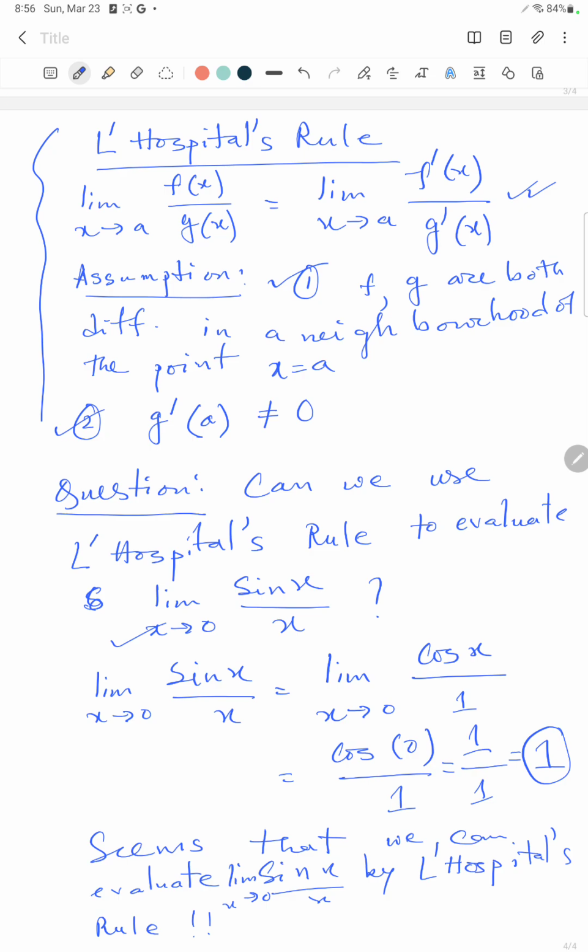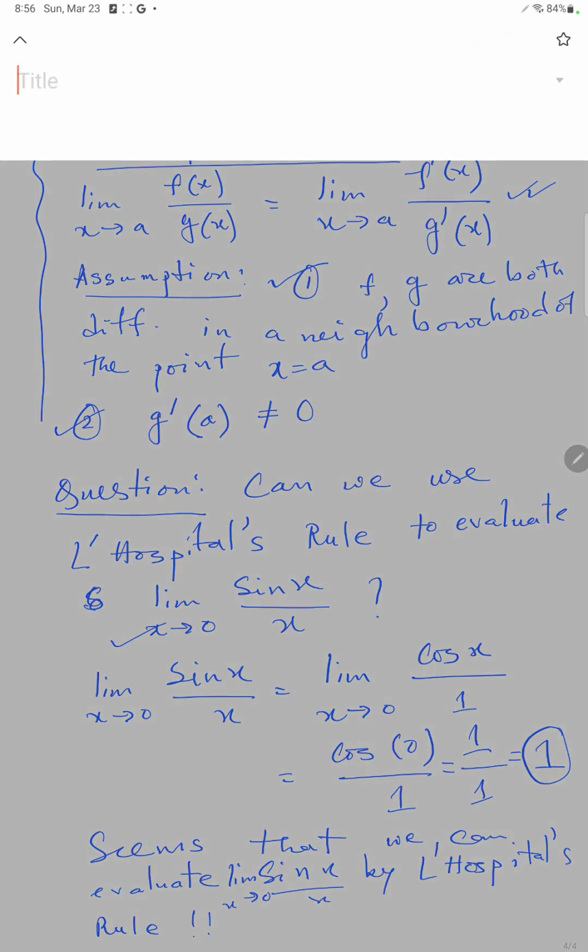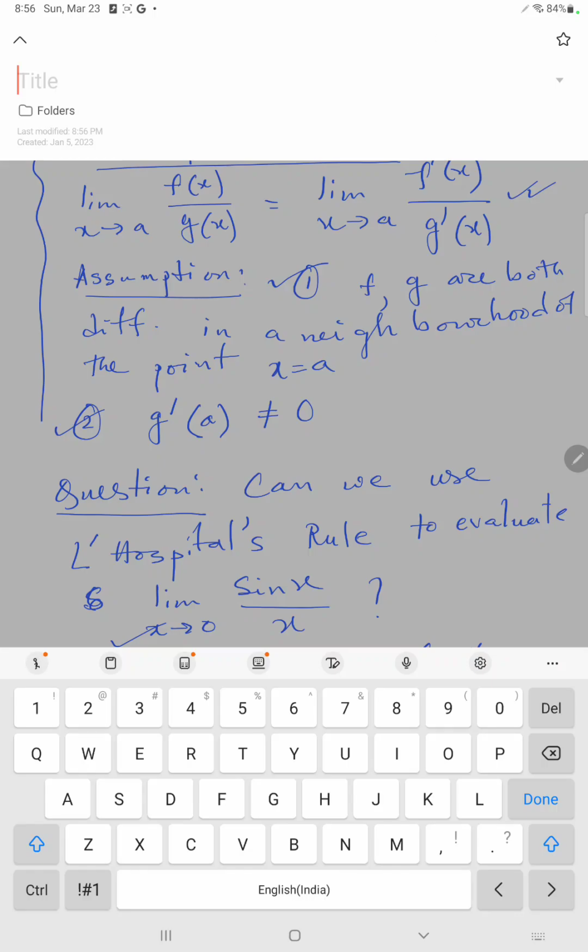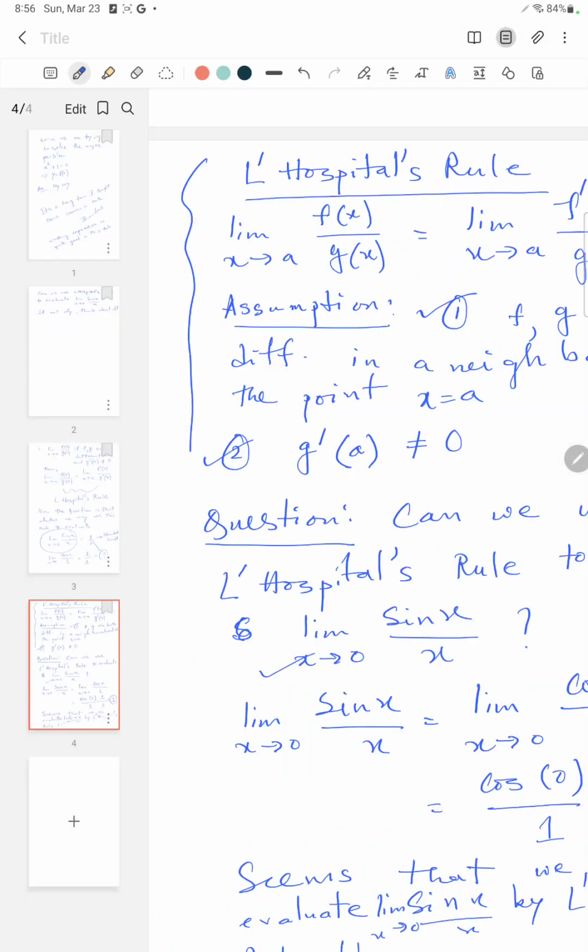Now here we have to deep dive into the fact that there is a difficulty, and we have to check what may be the difficulty. Okay, so let us just see.